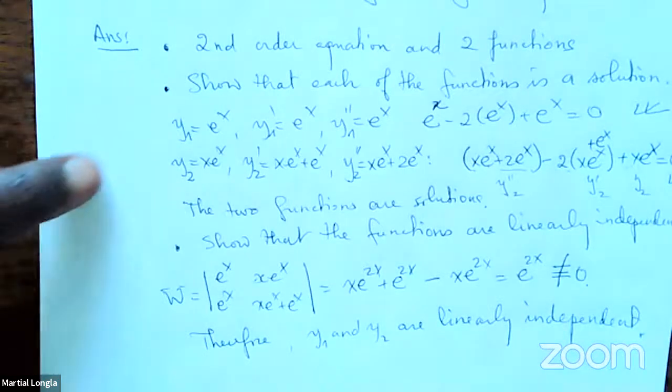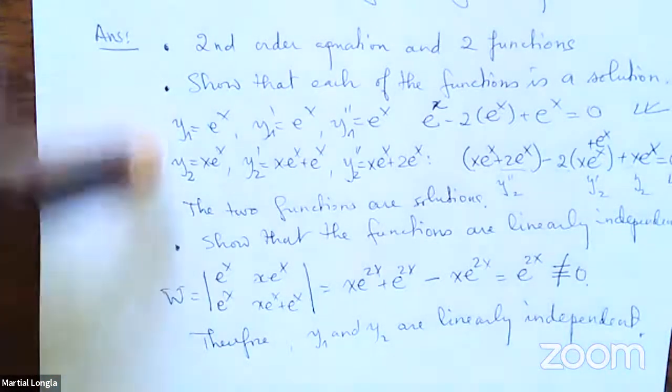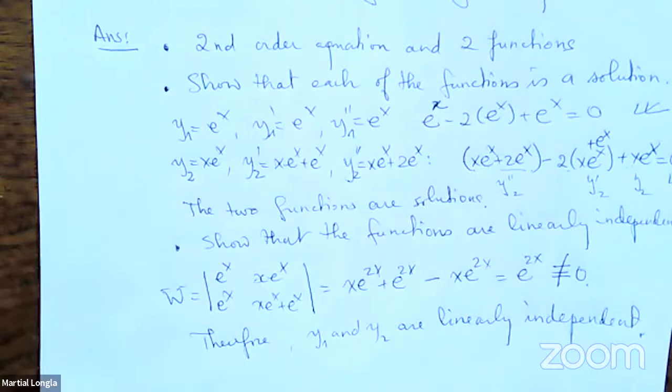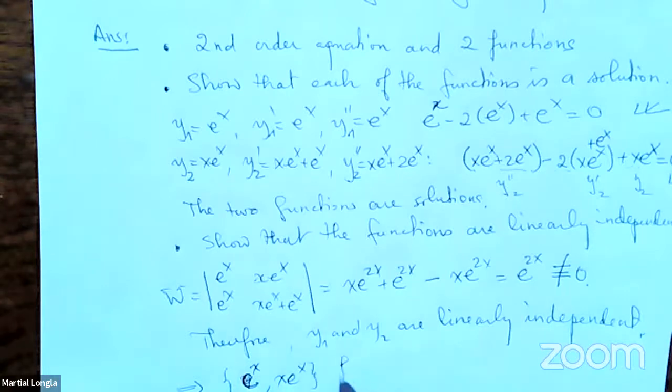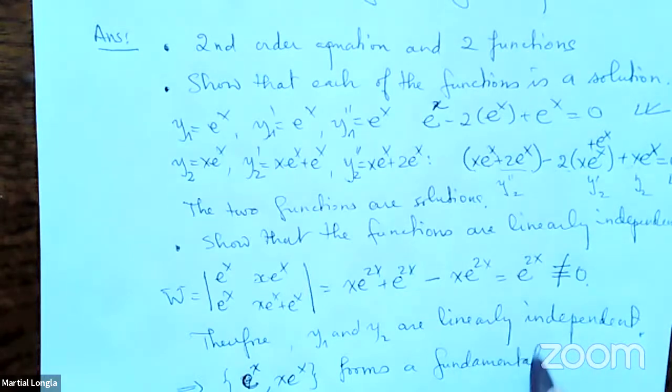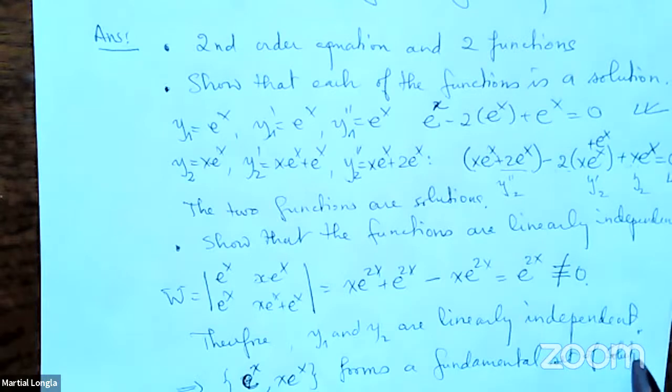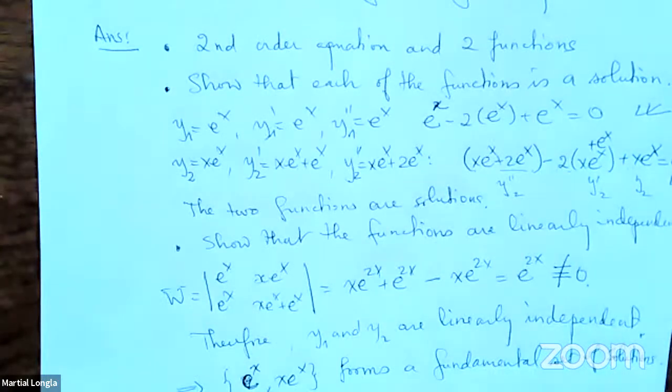And the combination of these three facts, 1, 2, and 3, is what makes y1, y2 a fundamental set of solutions. So e to the x, x e to the x forms a fundamental set of solutions. That's it.